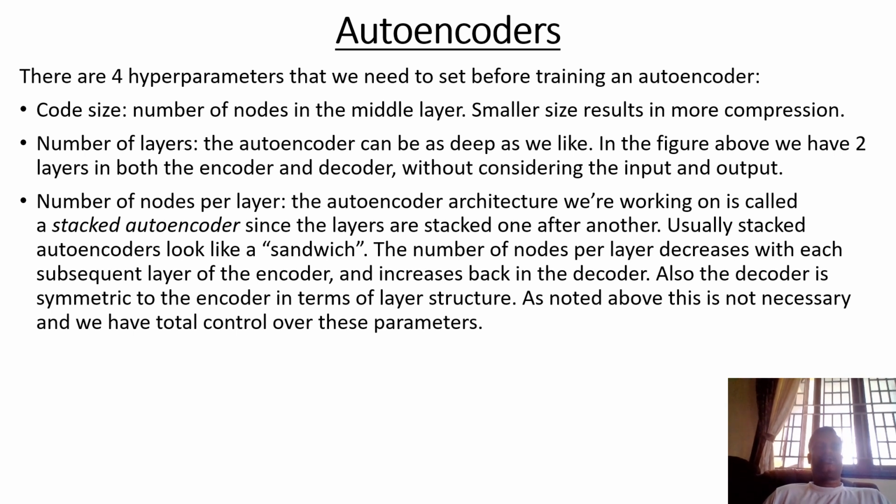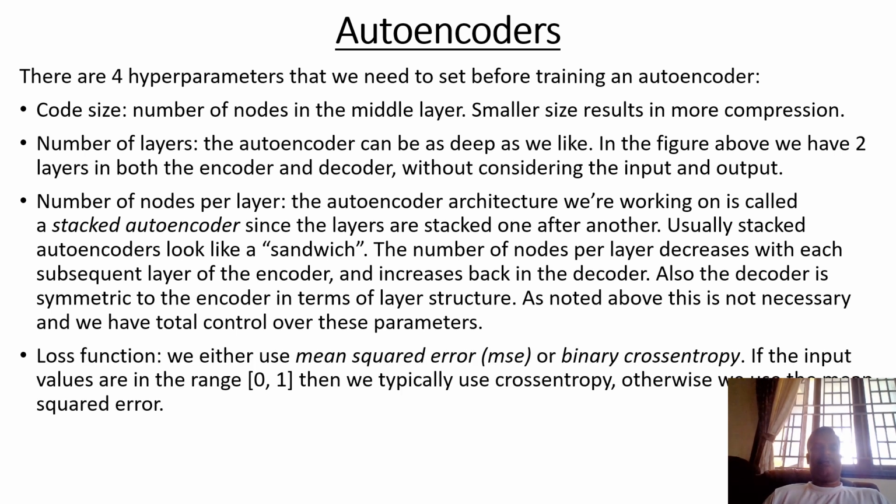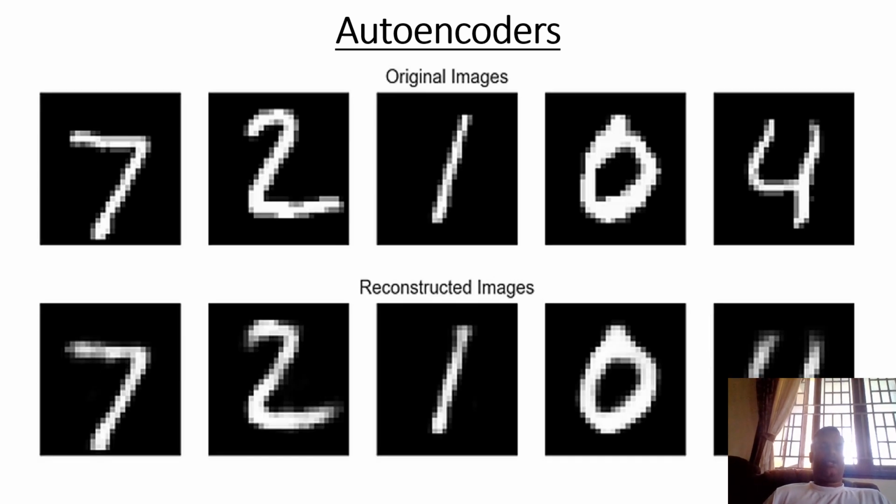So make sure that the number of nodes per layer is not very complex so that you get the best possible output for your application. And the last is the loss function, either mean squared error or binary cross entropy. As we have already learned, regression makes use of mean squared error and classification makes use of binary cross entropy. Depending upon your need, you can choose any one of the loss functions.